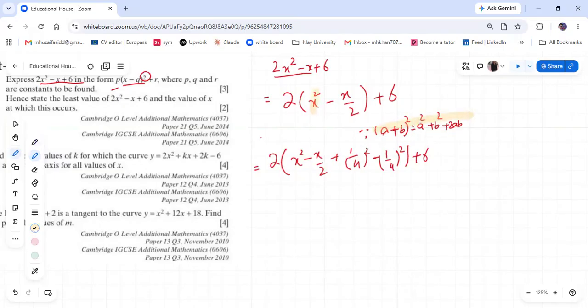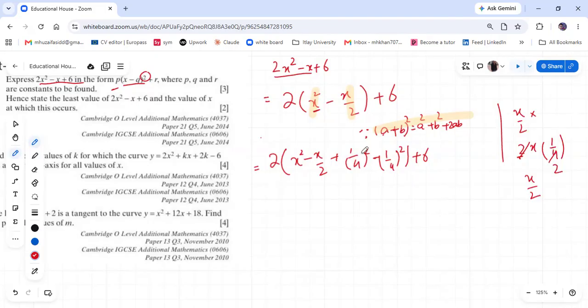Here we have the first term and 2ab is this one. If this is x over 2, it means our term is 2 into x, because the first term is x, and 2 is in the formula. If we set 1 over 4, this gives us x by 2. So on the basis of this, I know that 1 over 4 is added and subtracted.